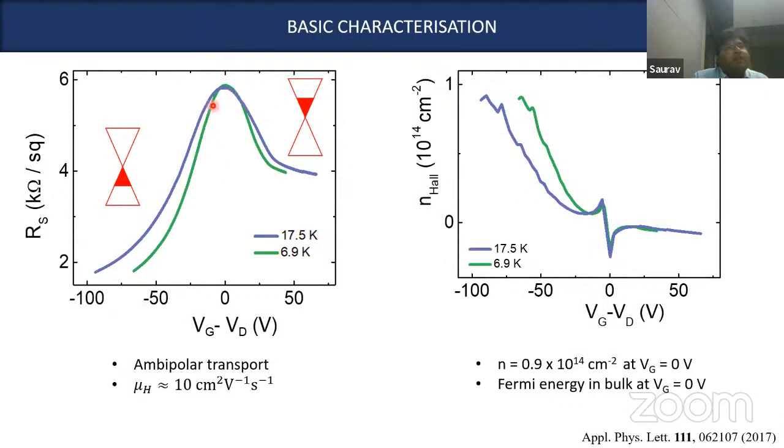But even then, the gate voltage where we observe the Dirac point is still quite high, which tells you that there is a lot of bulk doping, of the order of 10 to the power 14 per centimeter square at zero gate voltage.